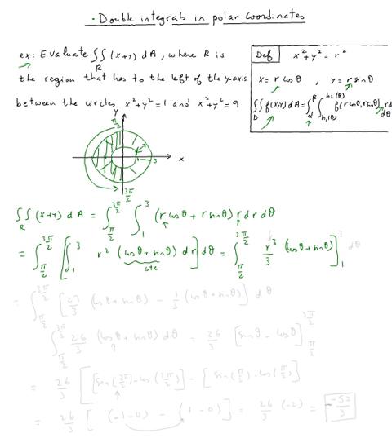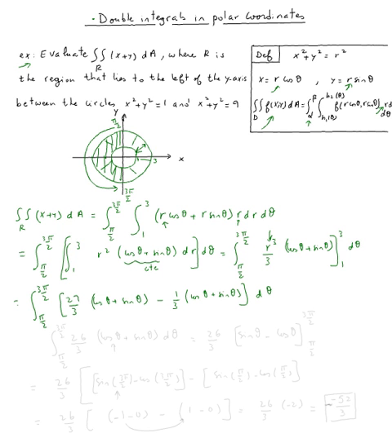And we want r to go from 1 to 3, d theta. So plug in the 3 into r, that would be 3 cubed, which is 27 over 3, times cosine theta plus sine theta, minus, plug in 1, you get 1 over 3 times cosine theta plus sine theta, all of that d theta.